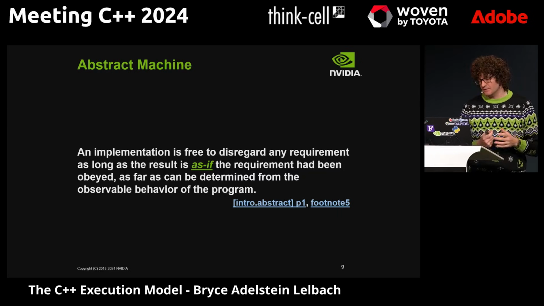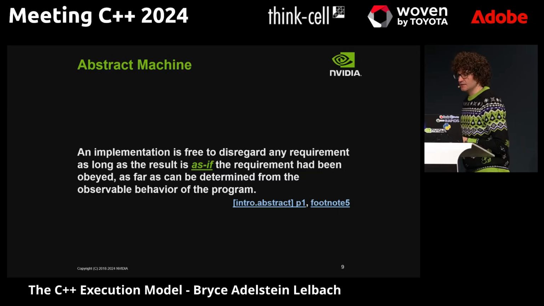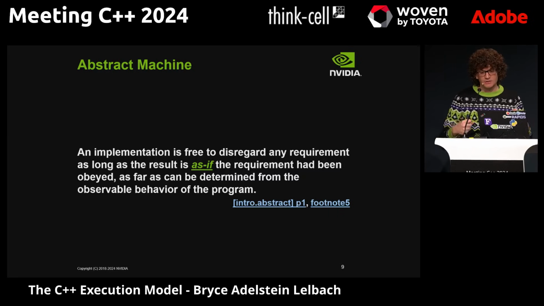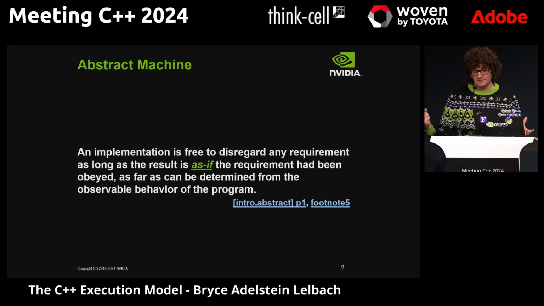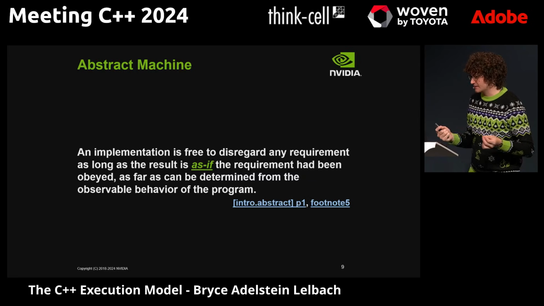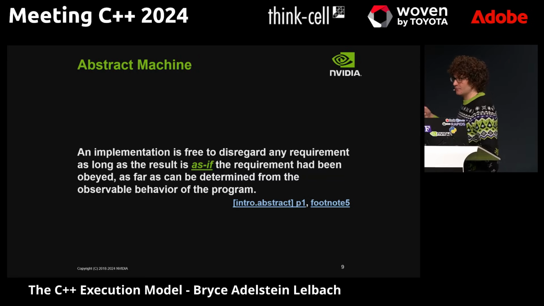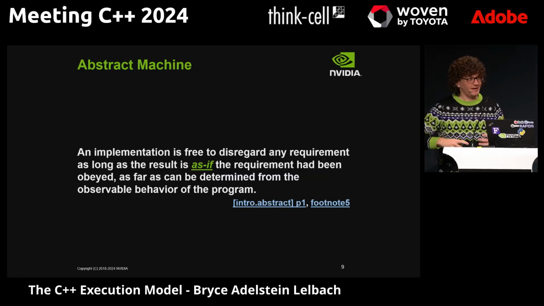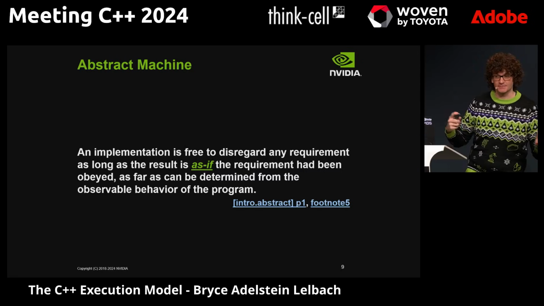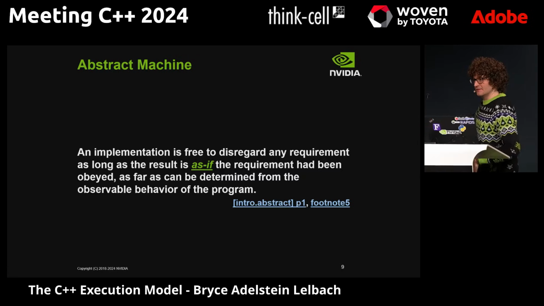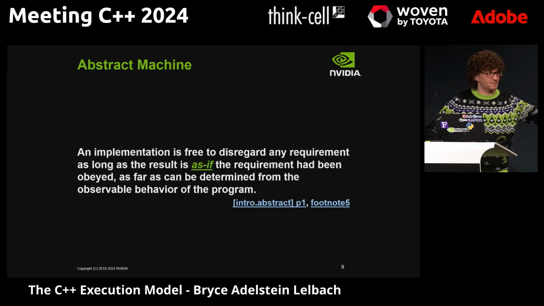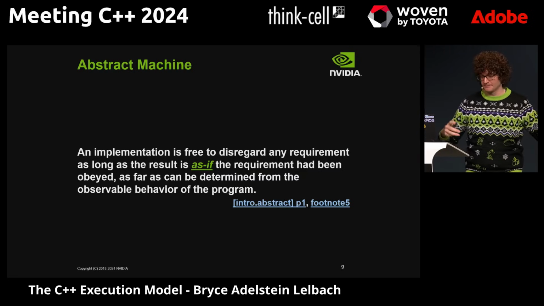So for example, an implementation doesn't need to evaluate an expression or store an object if it can deduce that that entity is not used, and that getting rid of it will have no observable side effects. So this is called the as-if rule. And this is the thing that we hand-wave to a lot when we try to make abstractions zero cost in C++. It's like, yeah, I know it should do all those things in terms of the abstract machine, but we can hand-wave an as-if, and the compiler will optimize that away.